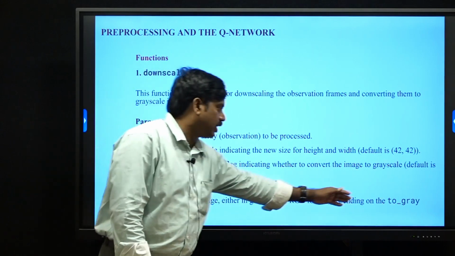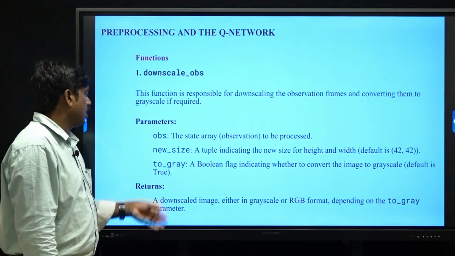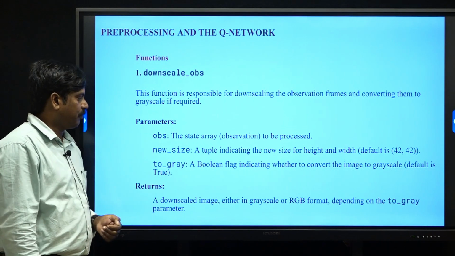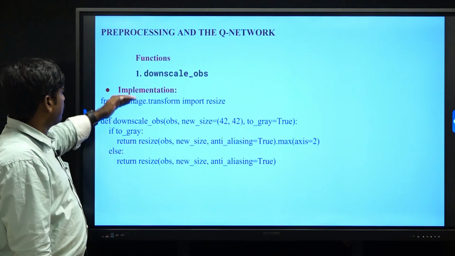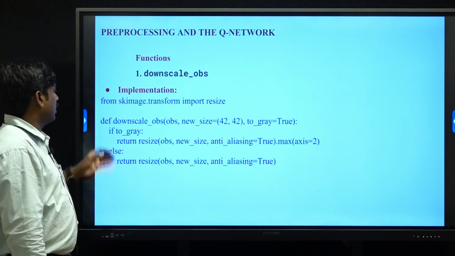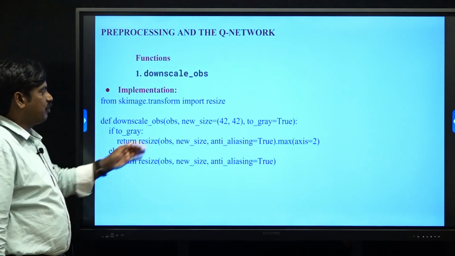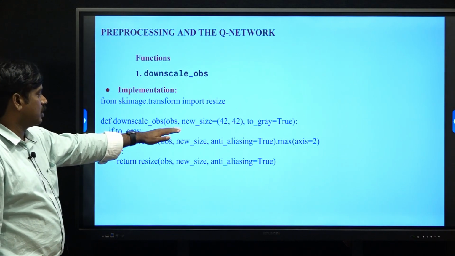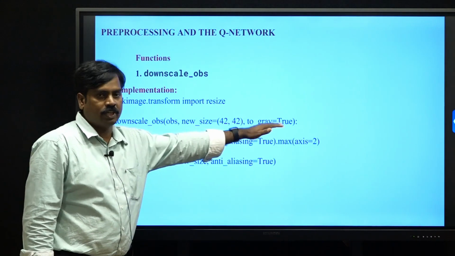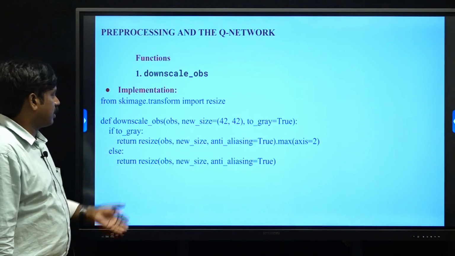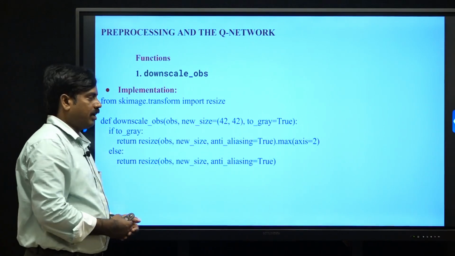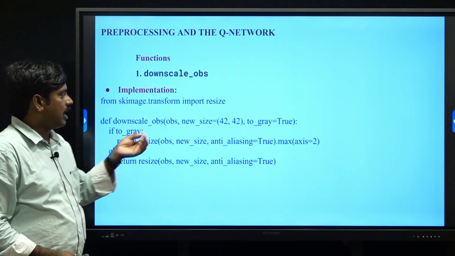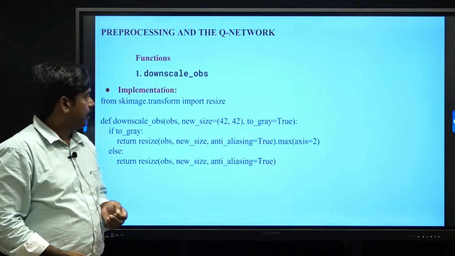The implementation is from skimage.transform import resize, then downscale_obs with new_size 42 by 42 and to_gray true. So, the frame is converted into 42 by 42 size in grayscale format.